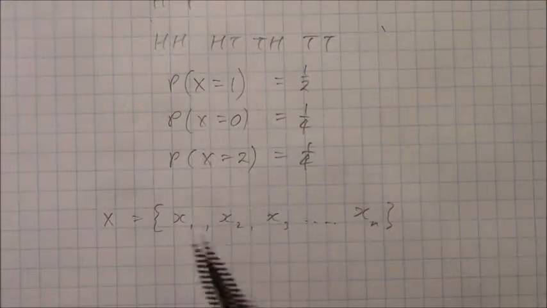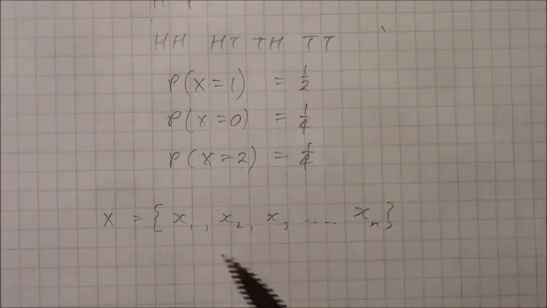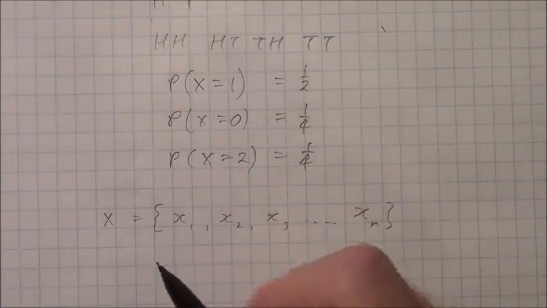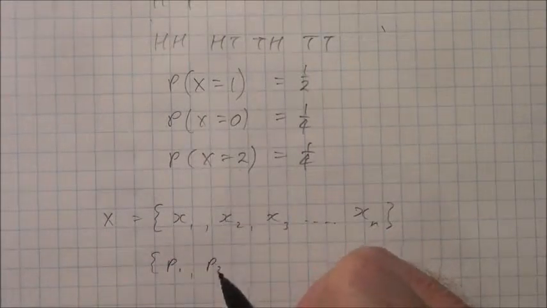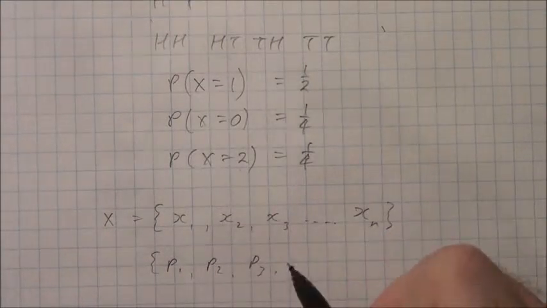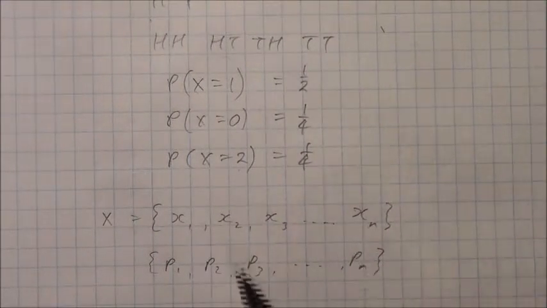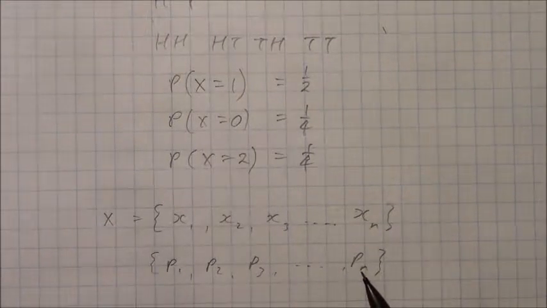And then each of these outcomes would have a certain probability, and that could be listed like this. And the probabilities have a set of p sub 1, p sub 2, etc. For each of these outcomes there is a corresponding probability.